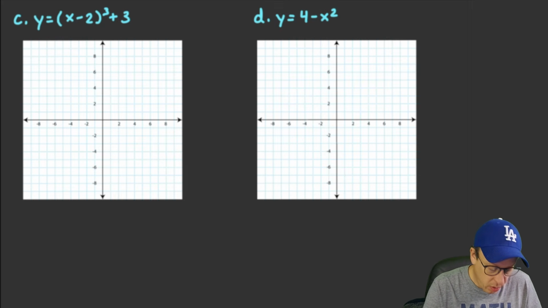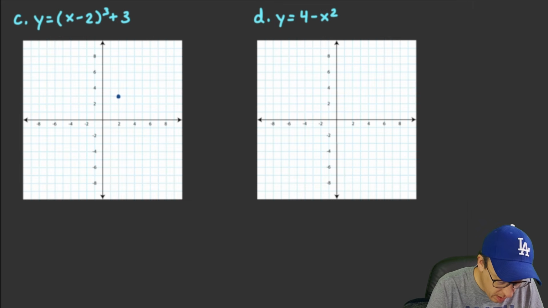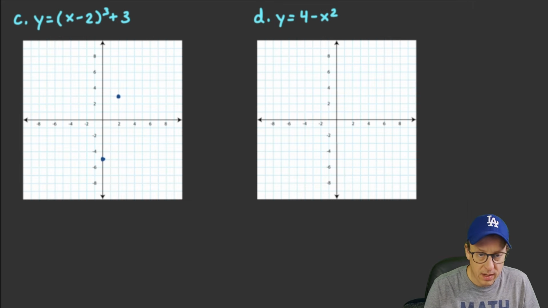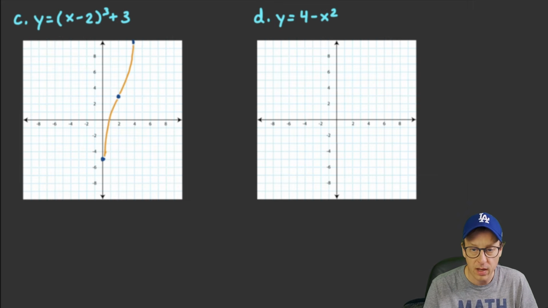It's going to go to 2, 3. So 2 and 3, there's that point. It's going to go to 0 and -5, like this. And then it's going to be up in this vicinity somewhere. So I can just look at that, know those rules that I showed you first, and then be able to graph things. I don't even have to think.